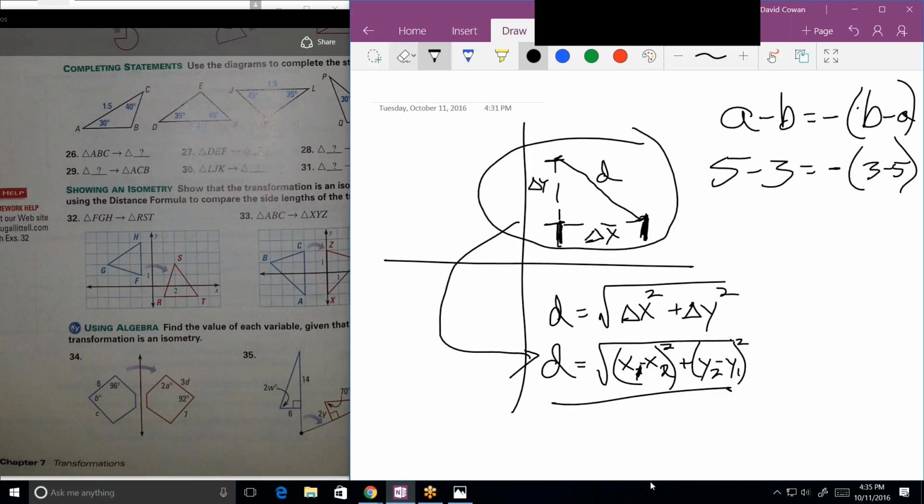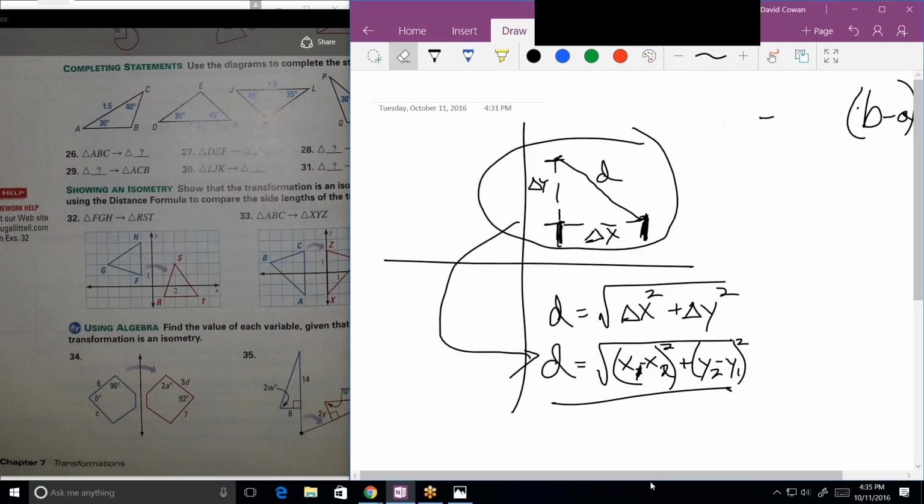So, whenever you're doing this distance formula, it doesn't matter if I have x sub 1 minus x sub 2 or the reverse. I get the same numbers, just one has a negative sign, the other has a positive sign. But that sign difference disappears after I square it. So it really doesn't matter. I can do it this way just fine.